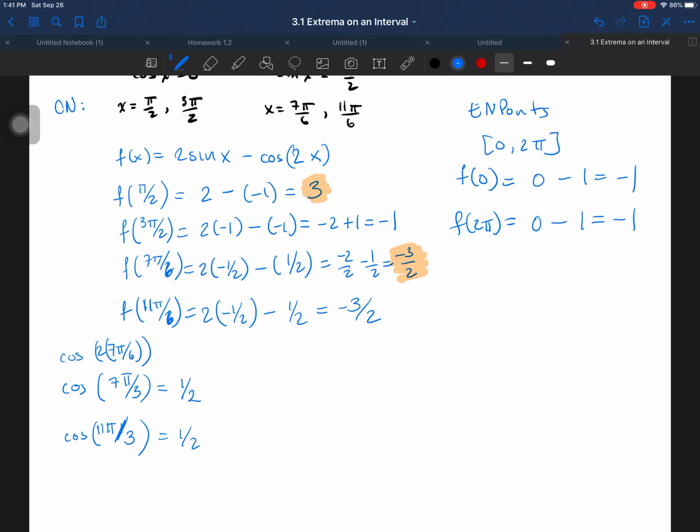So here we have relative max 3 at pi over 2, and relative min is negative 3/2 at either x equals 7 pi over 6 or x equals 11 pi over 6.